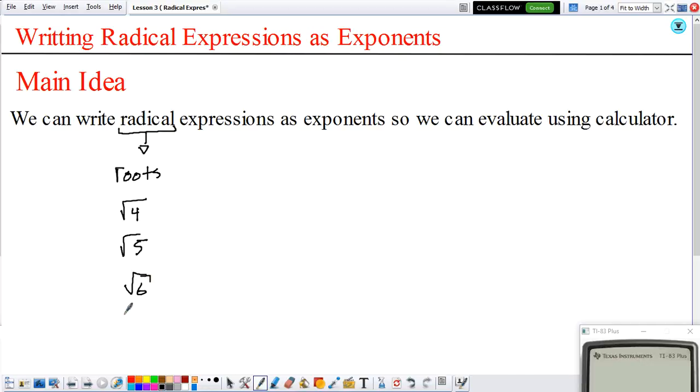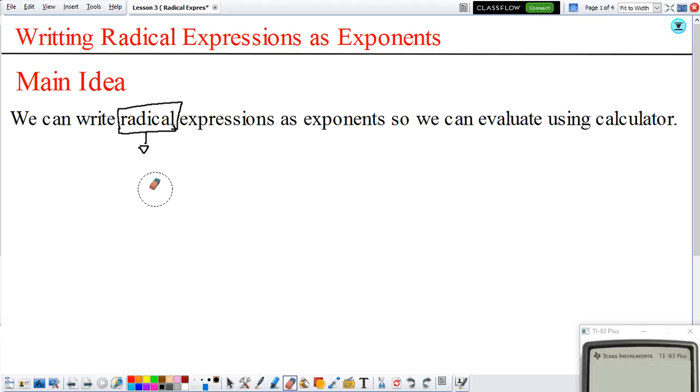We're going to see that today there are also different kinds of roots, but they all are called radicals. There are ways for you to rewrite a root into an exponent, and that's what we're going to be seeing today.